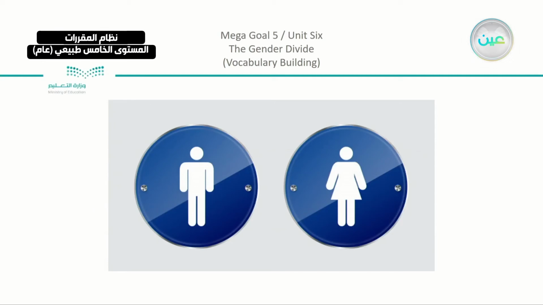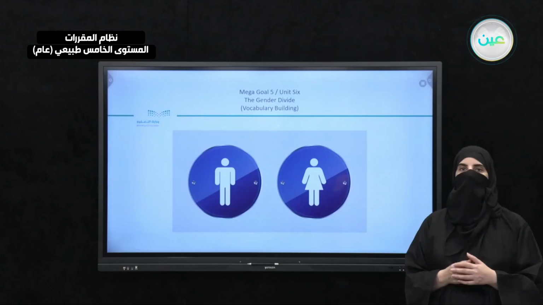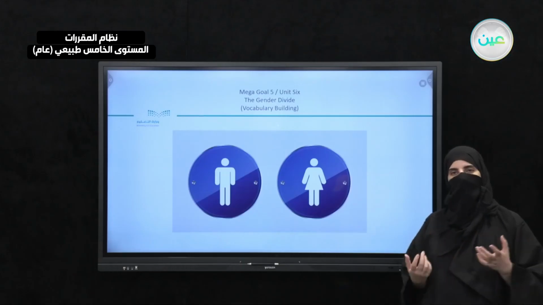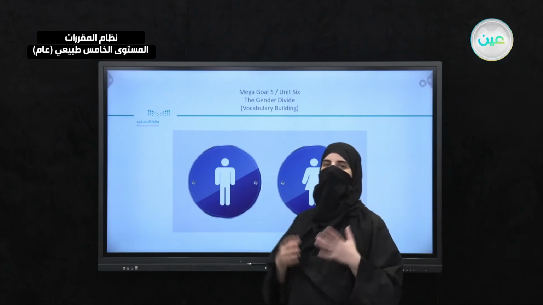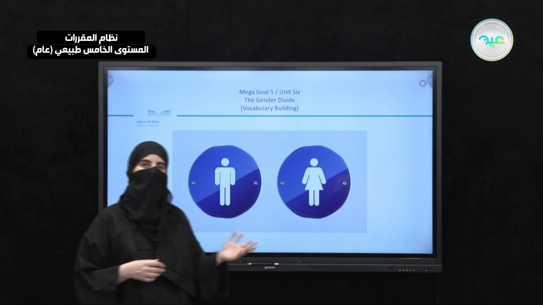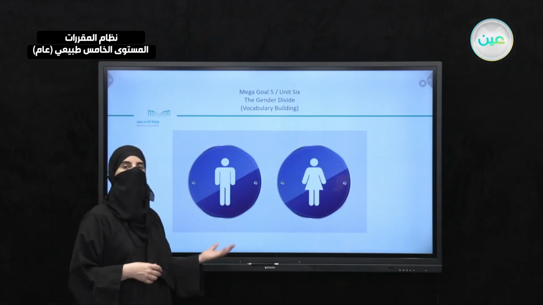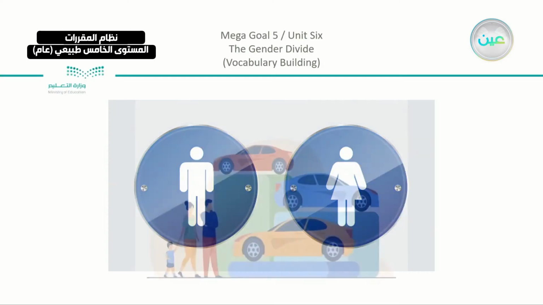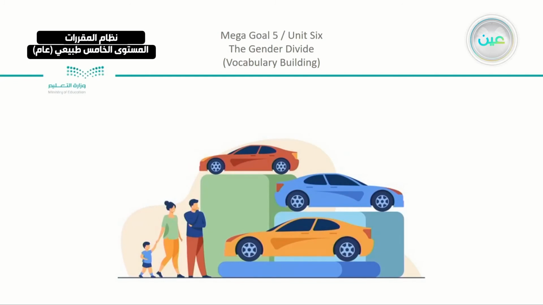Since our unit is about the gender divide in general, it's a good idea to relate to the basic topic of our unit. We are talking about males and females in general. We have here also cars, and when you go to buy a car, for example, there is a difference between genders when they choose the cars that they want. Now, this is a main idea. It is not a fact.